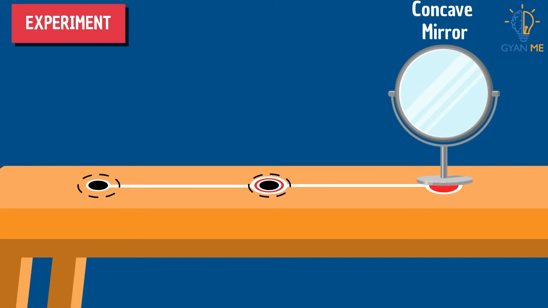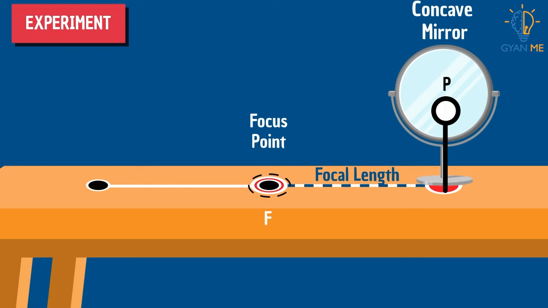So now, can you guess what these points correspond to? Correct. The first point is the pole of the mirror, as we have kept the mirror on it. The second point is the focus point or principal focus of this mirror, as the distance that we have measured is equal to the focal length of this mirror.